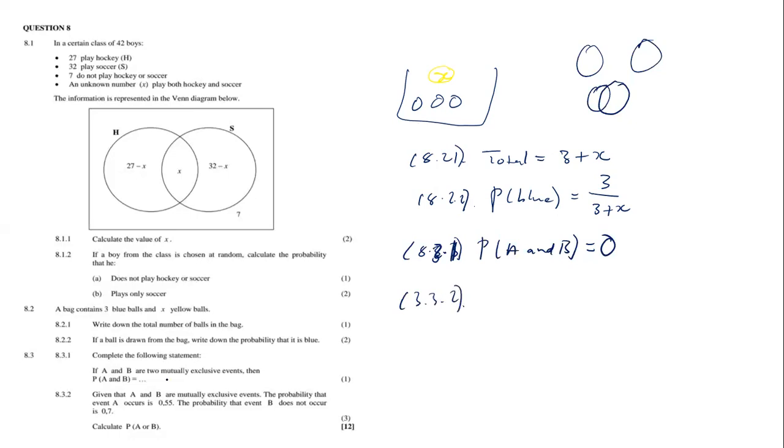Okay. 8.3.2 says to us, given that A and B are mutually exclusive events again, the probability that event A occurs is 0.55.